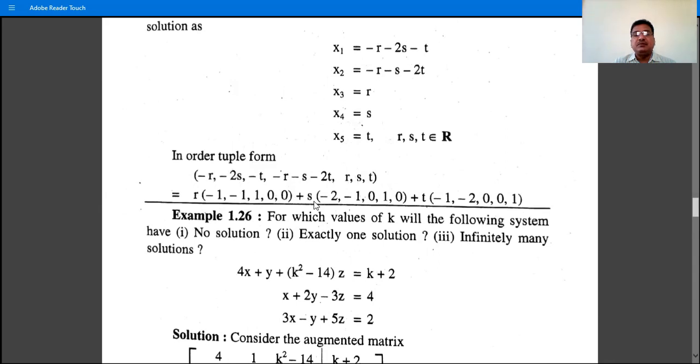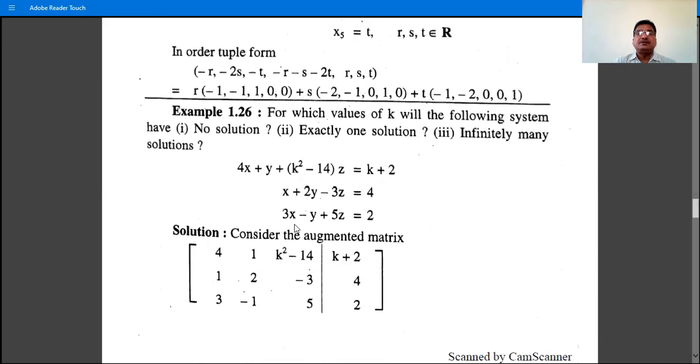The coefficient of s: minus 2, minus 1, 0, 1, 0. And then the coefficient of t. So this is the general solution of the given homogeneous system.